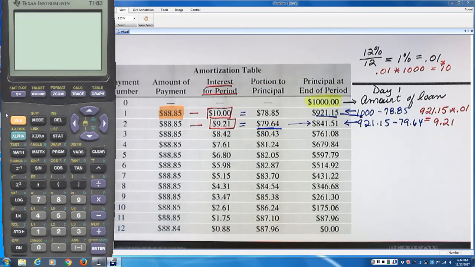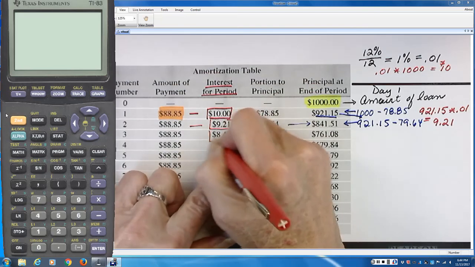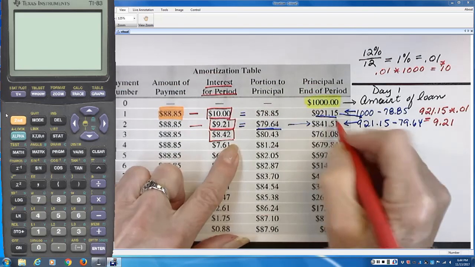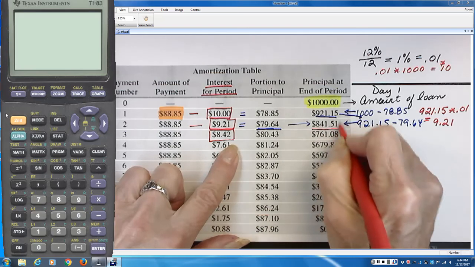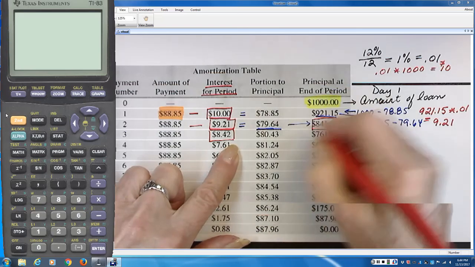And the way that you get this number is you take the previous balance times the interest rate.